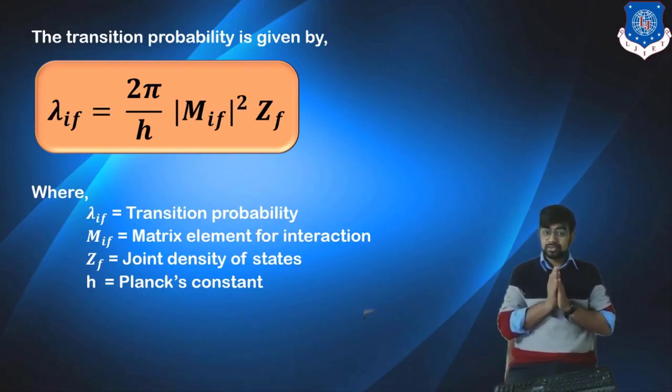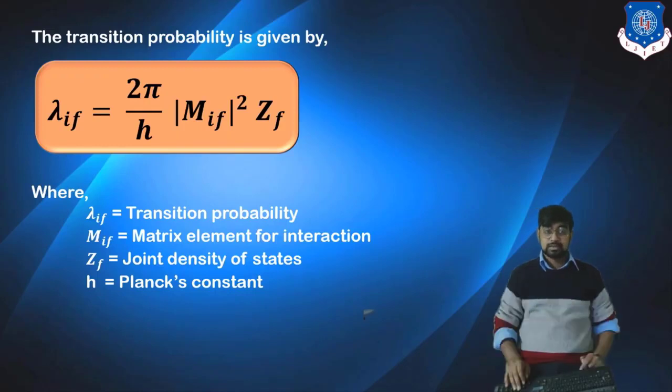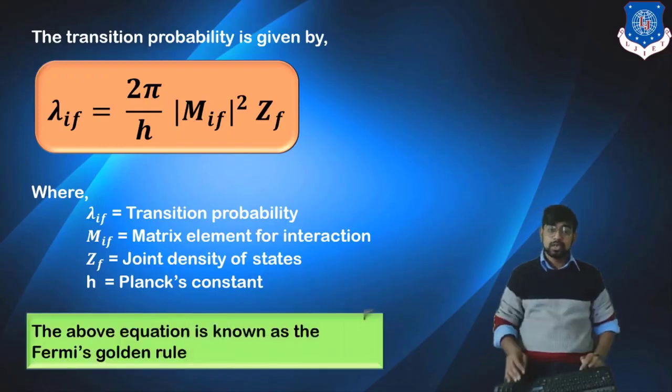Now why is the joint density there? Obviously, the transitions are always multiplied by the density of states. So this equation is Fermi's golden rule, which will give you the transition probability between the two states.